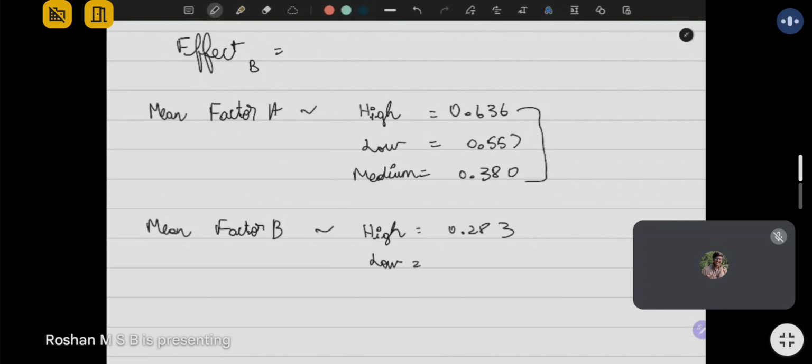Your low is 0.822 and your medium is 0.469. Is this correct?